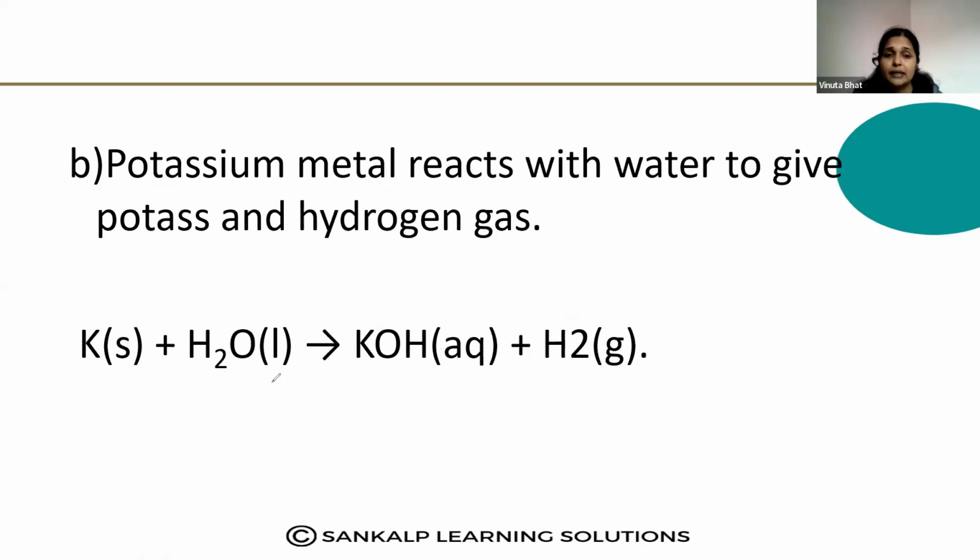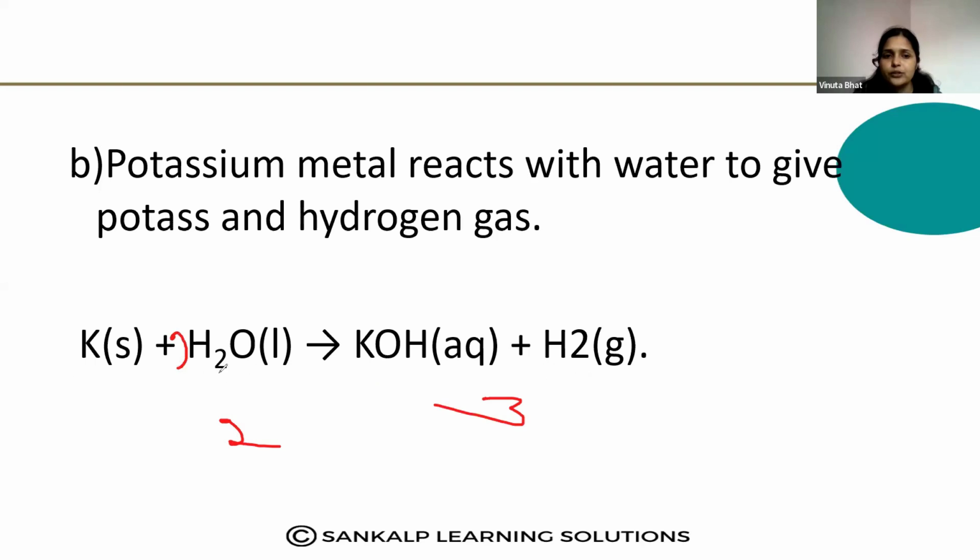Check whether it is balanced or not. Potassium is the same. Hydrogen: here 2 and here 1, there are 3 hydrogen on one side, and only 2 hydrogen on the other. So that is not balanced.